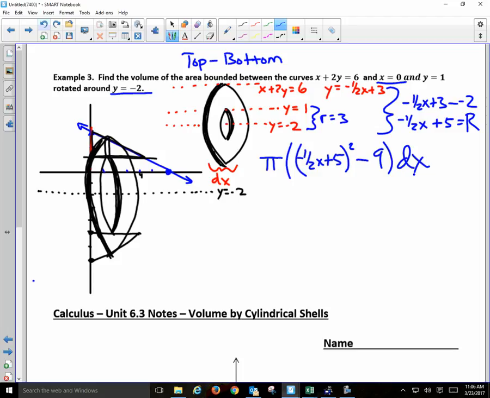How many do we want? An infinite number. So we set up an integral times pi. We'll square this out. Negative 1/2 x squared is 1/4 x squared. Negative 5/2 x and negative 5/2 x is negative 5x. 5 squared minus 9.